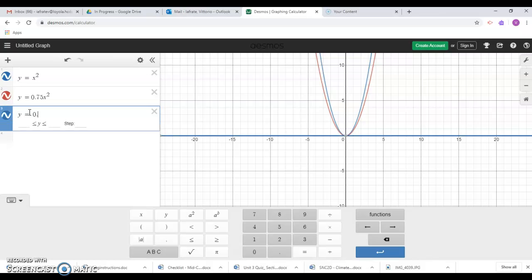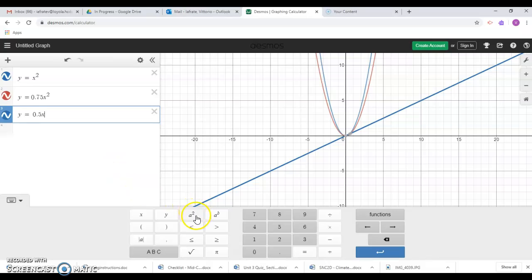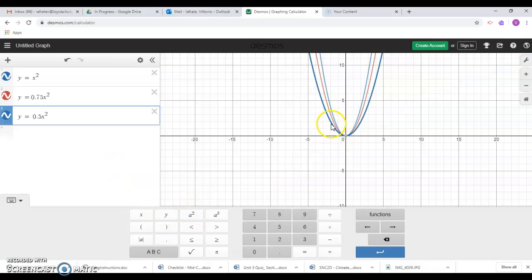Let's do that again with another decimal. Let's do 0.5x squared, less than 1. Notice we're even wider. So the smaller our decimal value becomes, the wider the parabola becomes, because we're rising more slowly.